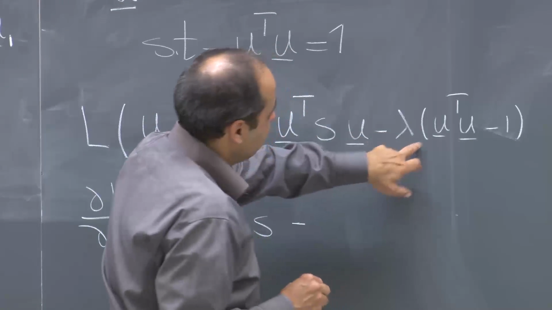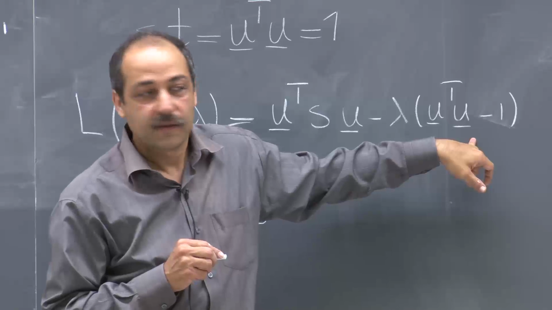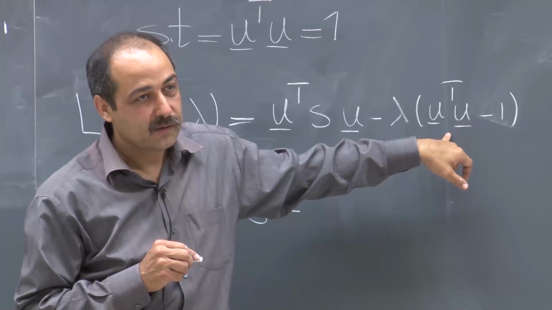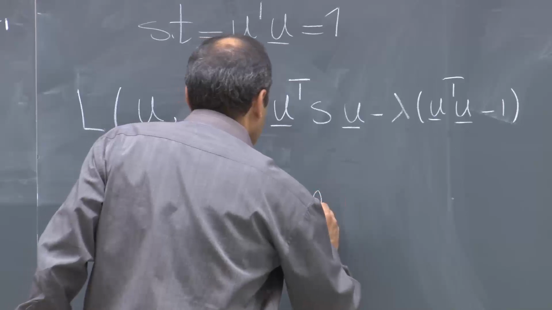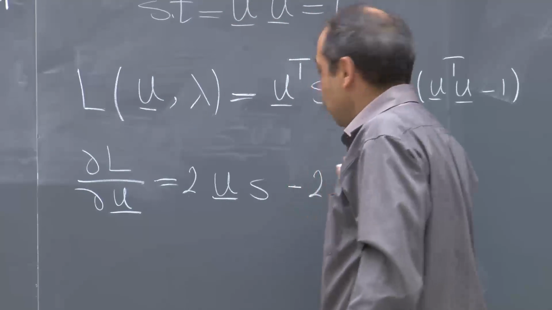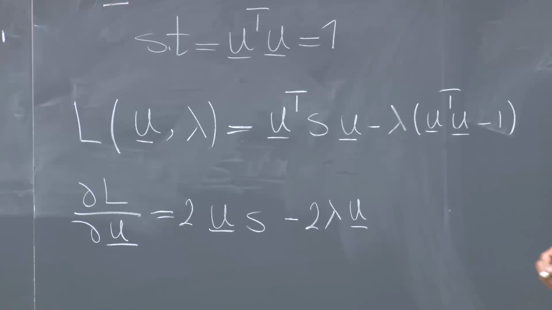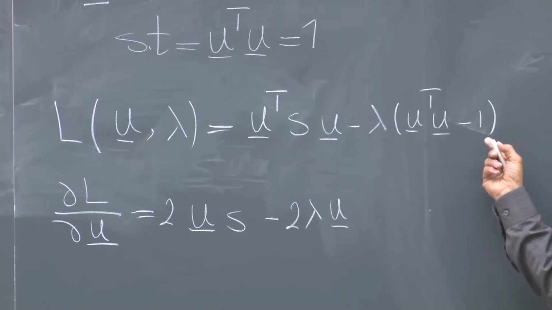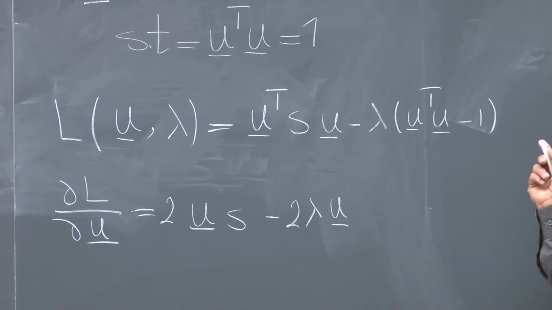Minus lambda U transpose U, whose derivative is 2 lambda U, because lambda is a scalar, it doesn't matter. And the term with lambda alone has a derivative with respect to u of 0.